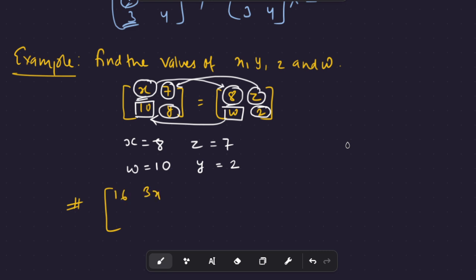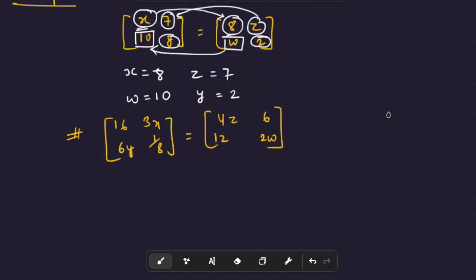The matrix [16, 3x; 3y, 1/8] equals [4z, 6; 12, 2w]. Okay, get the values of x, y, z and w in this case. Find the values.